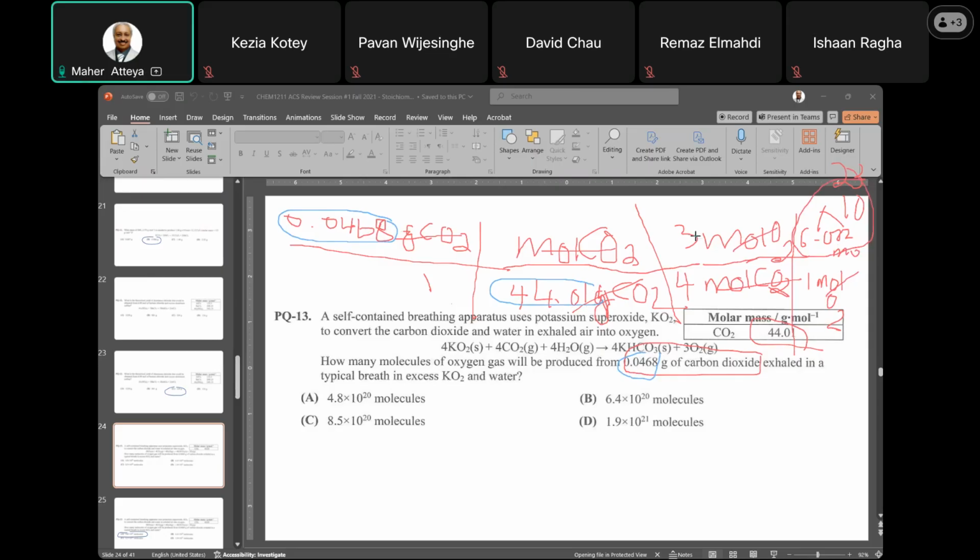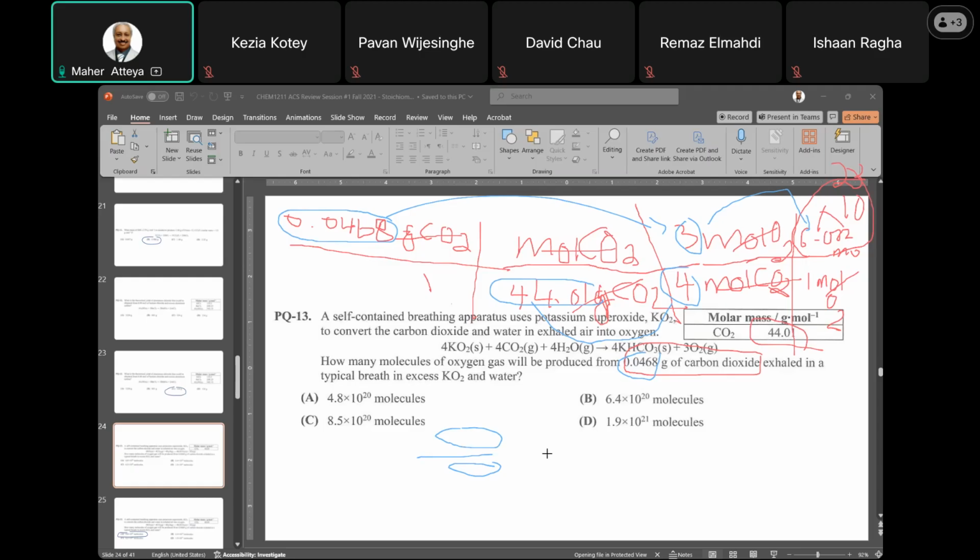You can multiply the top together with Avogadro's number, and that will be your number at the top. Then the bottom one, and divide both, and it will give you the number of molecules.